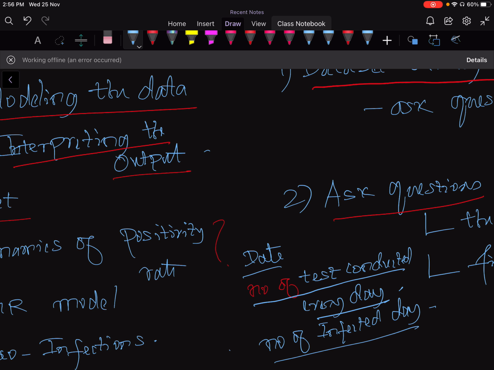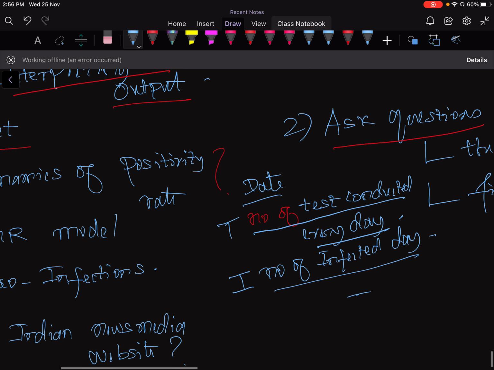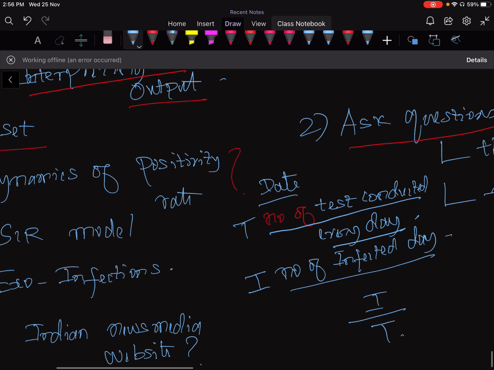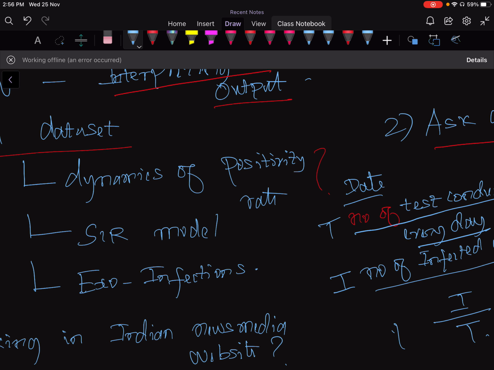Suppose I say this is I and this is T, then I can find the ratio of this, and then find the positivity rate. So the positivity rate is I divided by T. And then you can straightforwardly plot this, and you may do some kind of prediction.